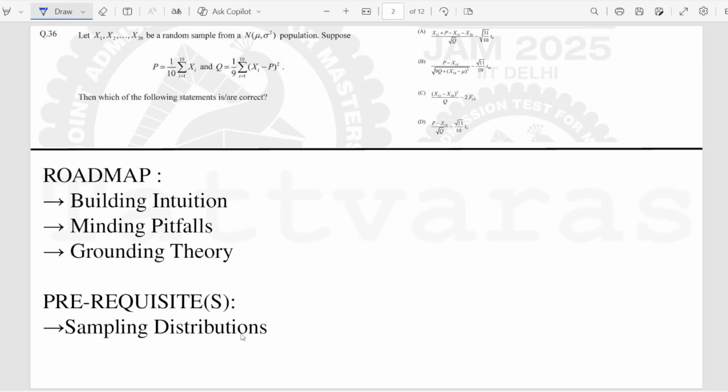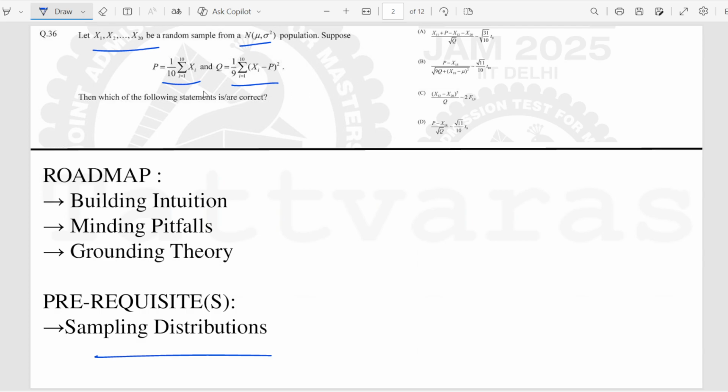Let's get started with this question on sampling distributions. We are given a random sample of 20 variables from the normal distribution, and based on the first 10, a sample mean is constructed, or should I say subsample mean. And on the first 10, a subsample variance is also constructed.